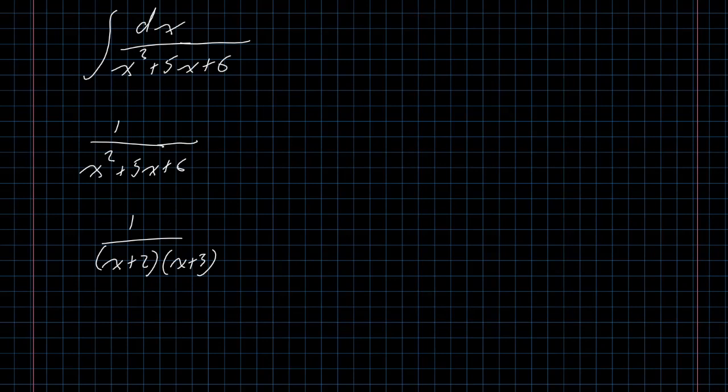The idea of partial fractions is the claim that there has to be a way to rewrite this fraction as some constant a over x plus 2 plus some other constant b over x plus 3.